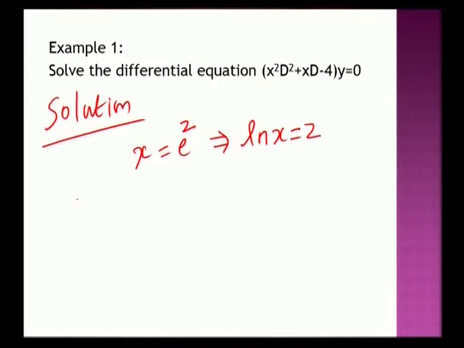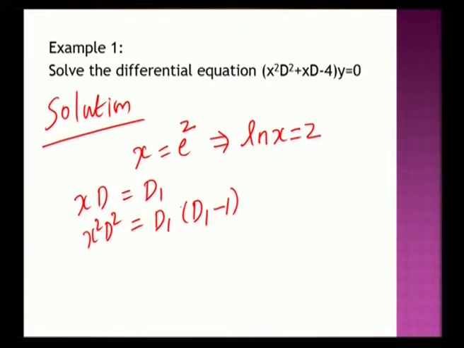Then we know x d is equal to d1. Similarly, x square d square is equal to d1 into d1 minus 1. All these things we derived in the earlier theory. We are using those concepts here.